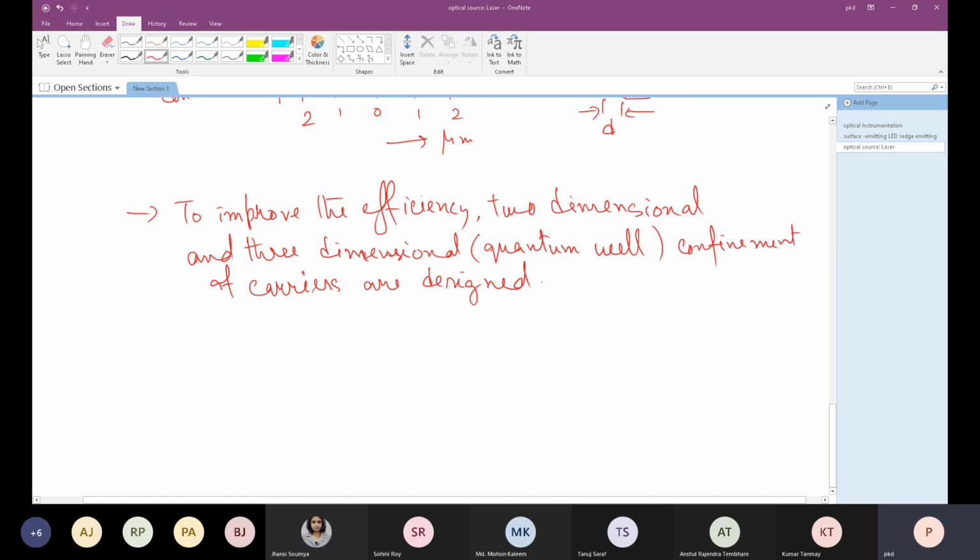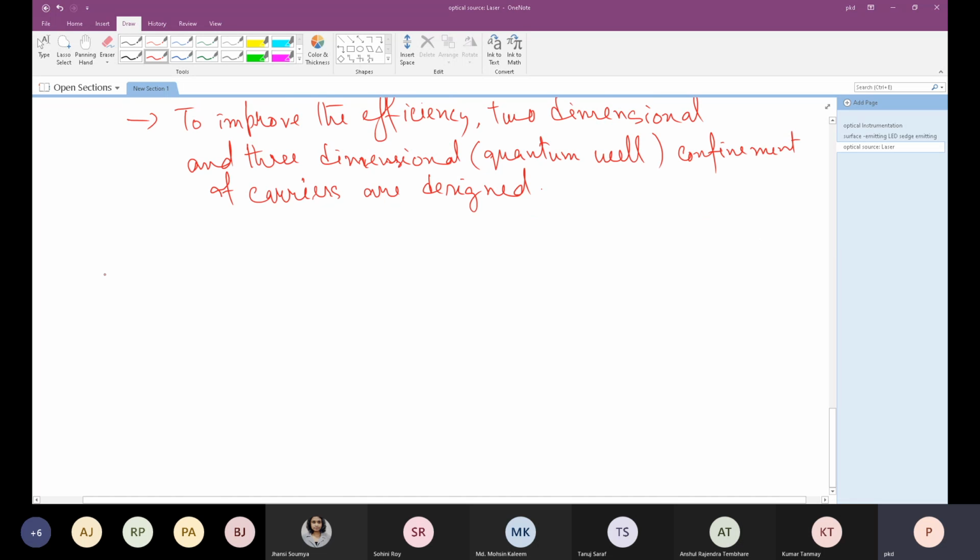Now, one important aspect for a laser is the threshold current, which again depends on the active layer thickness.